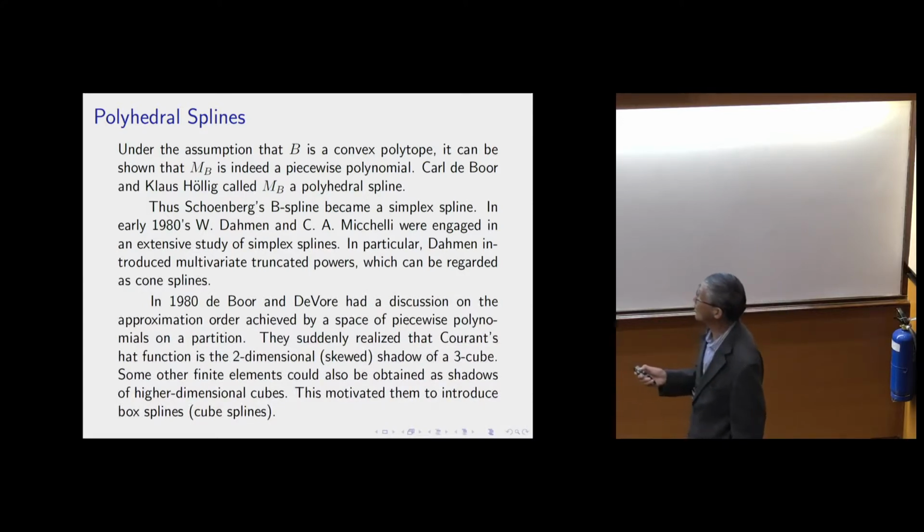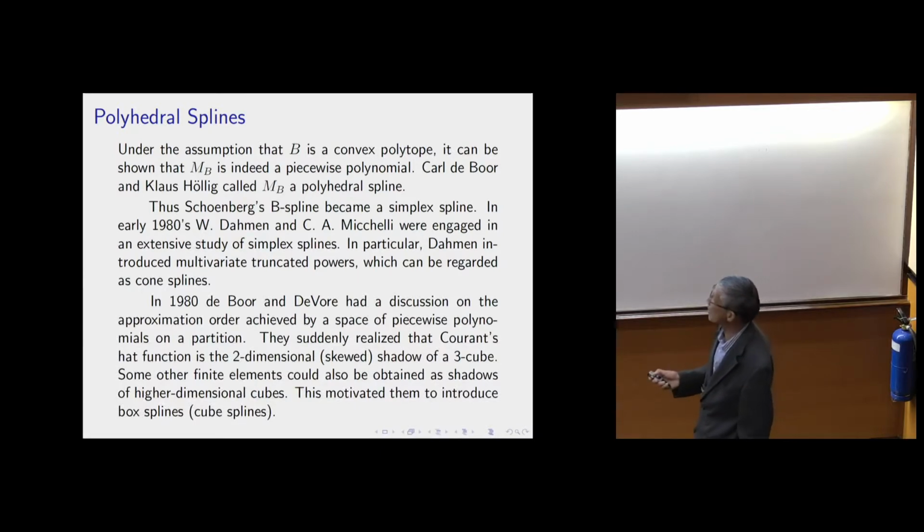Then in 1980, at that time I was already in Madison, I met Carl de Boor in the Wolf building, and he gave me a lot of help in mathematics. At that time the main interest was approximation: the approximation achieved by a space of piecewise polynomials on a partition. Then they suddenly realized that Courant's hat function is the skewed shadow of a 3-cube.